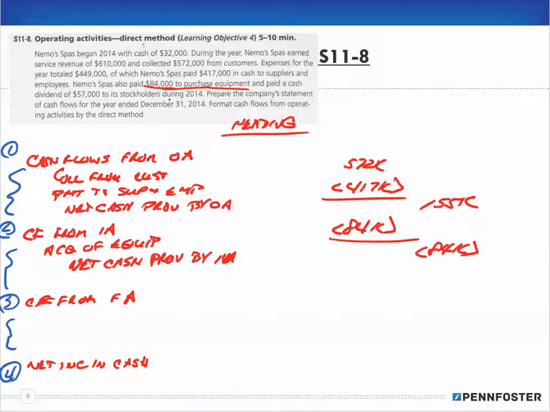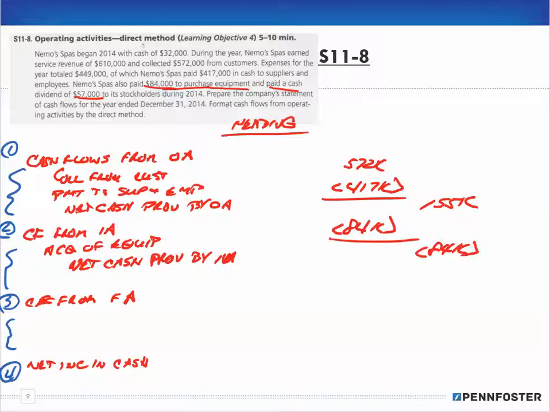And for our financing activities, it says here, paid a cash dividend of $57,000 to stockholders. Well, we know that dividends are a financing activity, right? Go back to the second theory video, I believe, which showed the various adjustments, the activities that affect operating, investing, and financing activities.